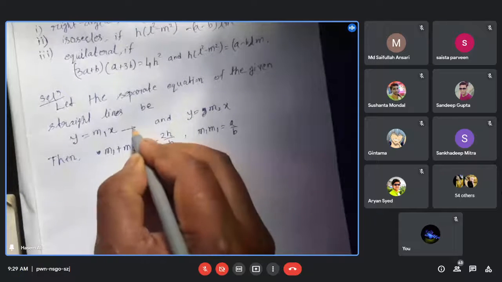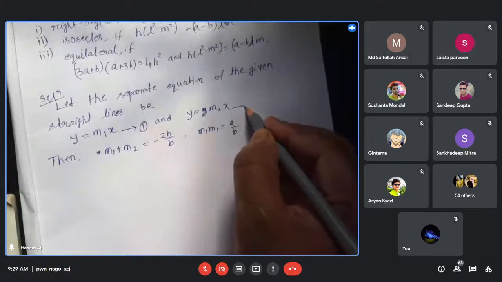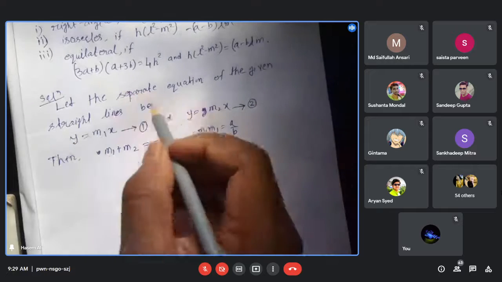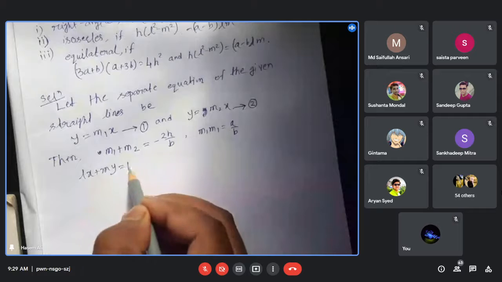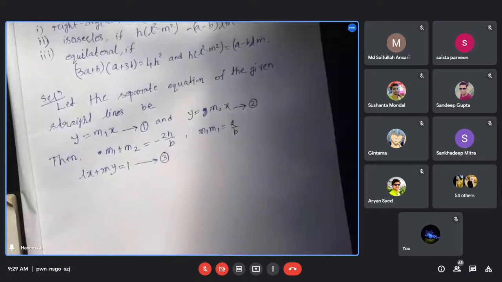This is equation 1, this is equation 2, and our third equation, that means lx plus my equals to 1, let this be equation 3.